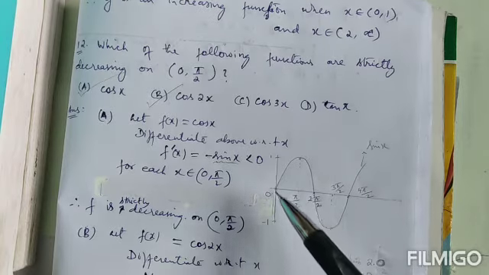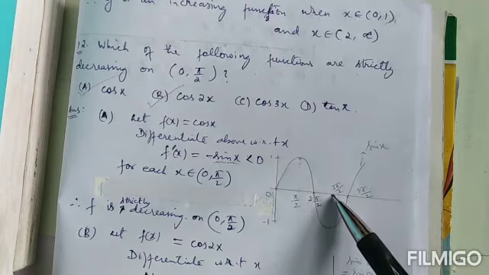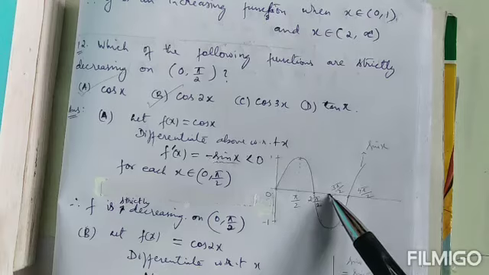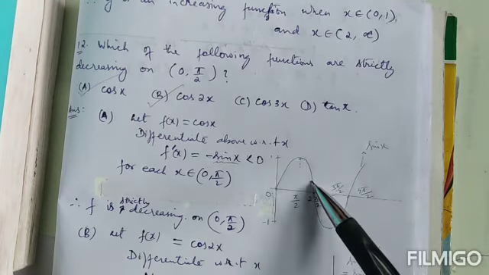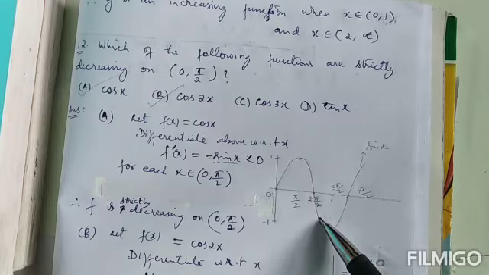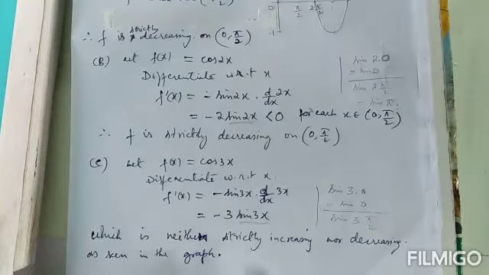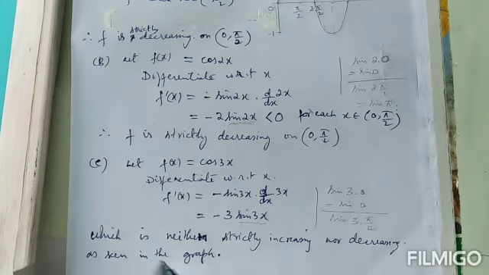That means for the whole graph from 0 to 3 pi by 2, you cannot say it is positive, and you cannot say it is decreasing, because here it is increasing, here it is decreasing. So it contains both. That's why I will say here, which is neither strictly increasing nor decreasing, as seen in the graph.